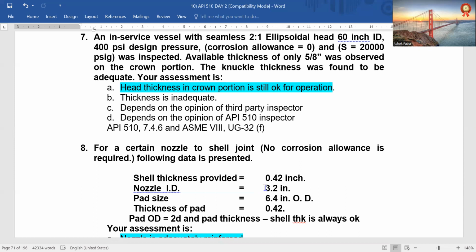They are giving radius, here they are giving something else. You can calculate directly. That's all. Head thickness and crown portion is still okay for operation. For a certain nozzle to shell joint, no corrosion allowance is required. The following data is presented.